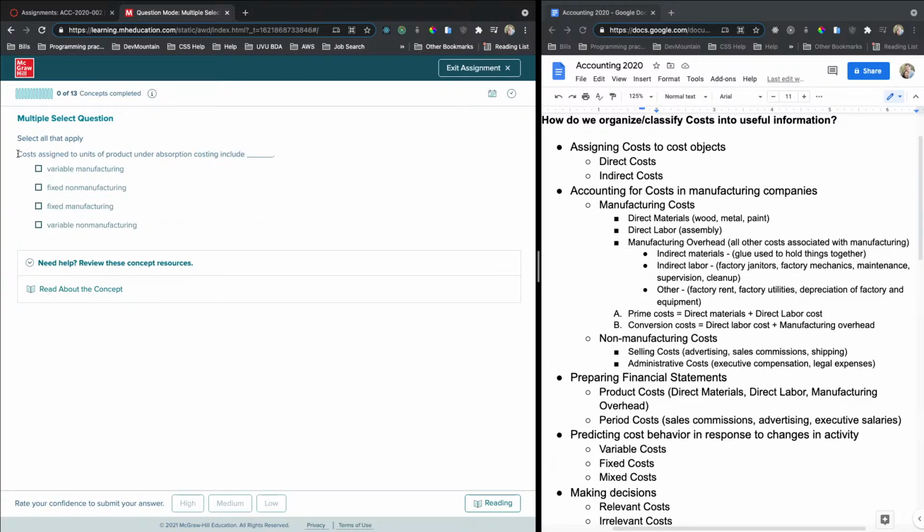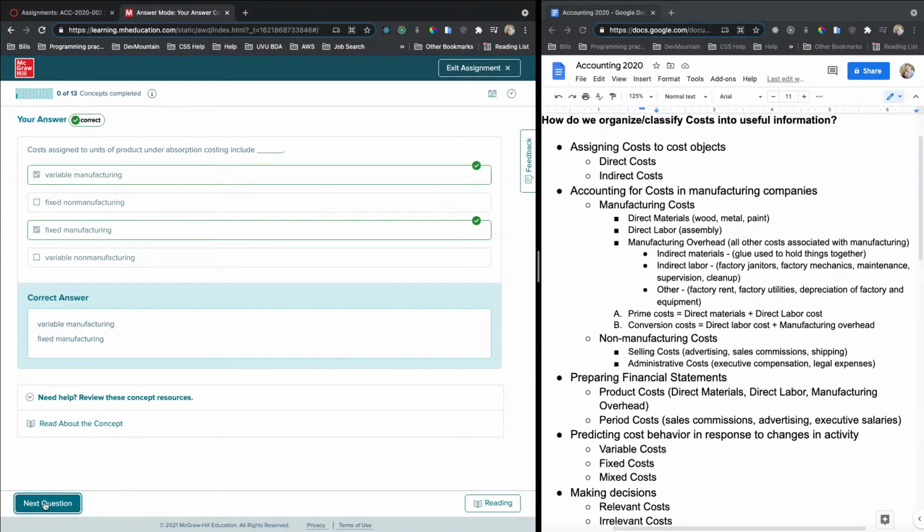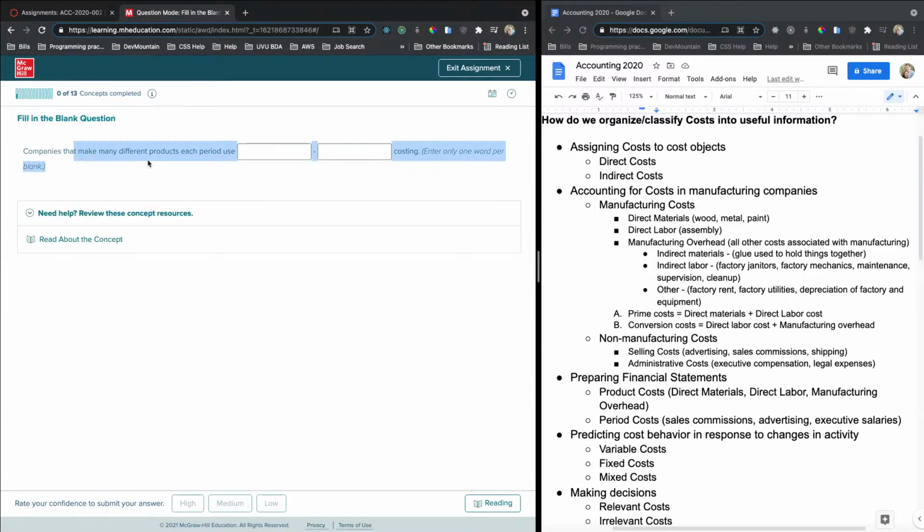It's so boring. So costs assigned to units of product under absorption costing include variable manufacturing, fixed manufacturing. It doesn't include non-manufacturing, so that should be it. Companies that make different products for each period use absorption, something dash costing.